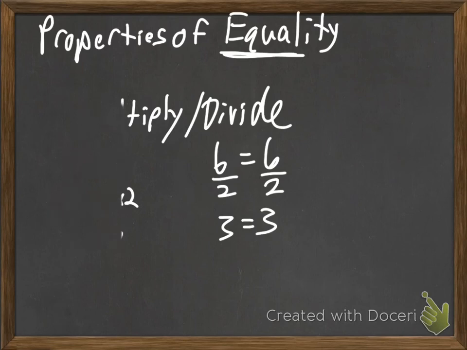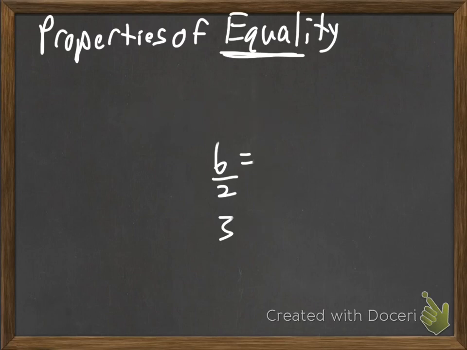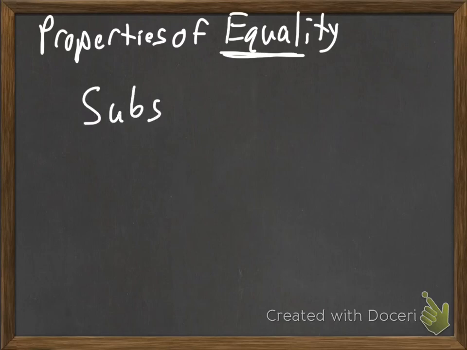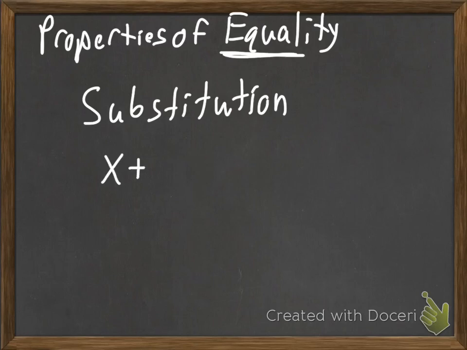Now the final property of equality. Substitution. And this is a little bit different. For substitution to work, we need to have a variable in our equation. So let's just have x plus 1 equals 3.